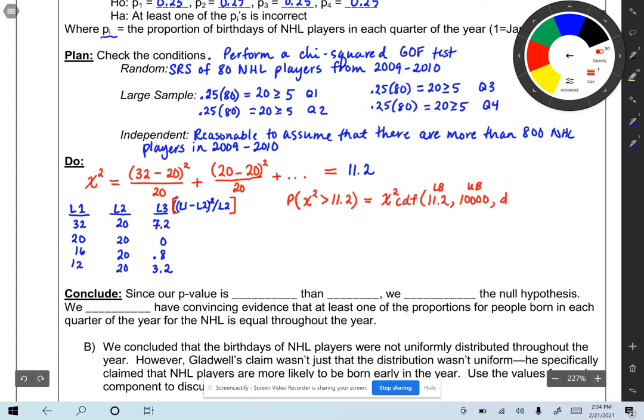Our degrees of freedom, there are 4 quarters, subtract 1, 3, and that gives us a p-value of 0.0107. Compare that to alpha, and alpha is 0.05, and that's less than.